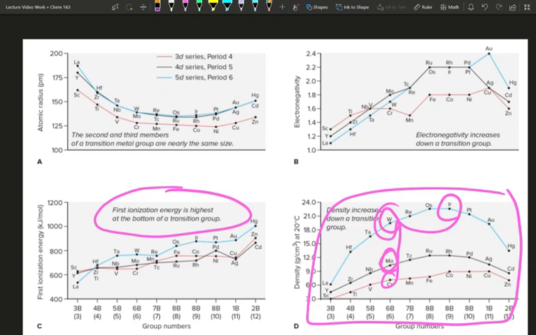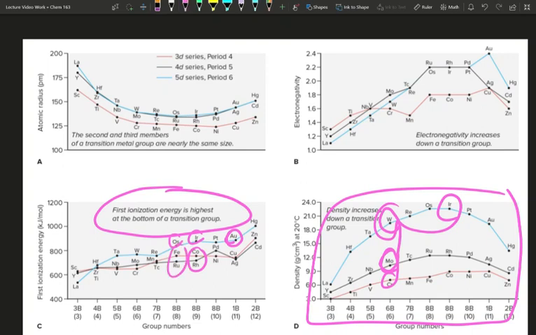Our outermost electrons in the 5Ds tend to actually be harder to remove than the equivalent electrons in the 4 and 3Ds. Because of the amount of contraction and the increase in the number of protons in the nucleus, for equivalently the same distance, it is harder to remove that electron off of gold than it is off silver or copper. Same with iridium off cobalt and rhodium, or osmium off iron and ruthenium, and so on.